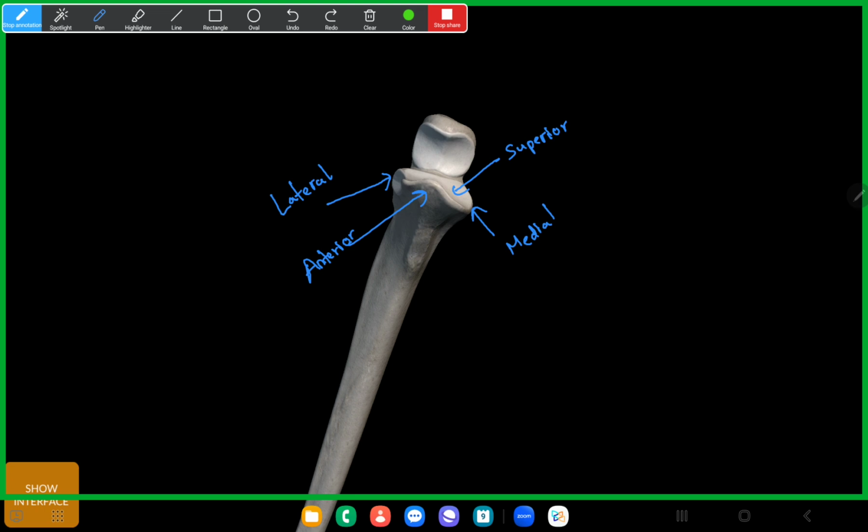Here in the lower part of the anterior surface, in the lower aspect, you can see a rough area. You can see a rough area in the anterior surface of the coronoid process, and it is called the ulnar tuberosity.